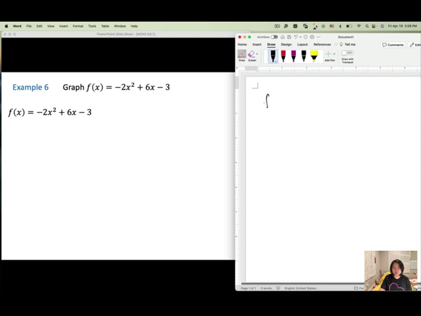First, what are you going to do? f of x equals negative 2x squared plus 6x minus 3. So first, I will divide the whole equation by negative 2. So negative 2, I only keep with x squared, and minus 3x plus 3 over 2.